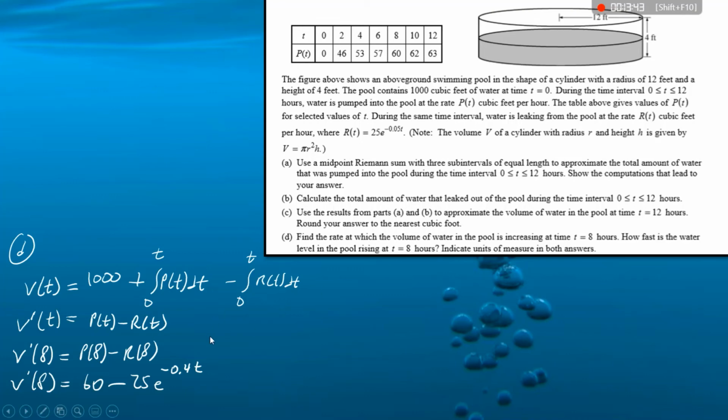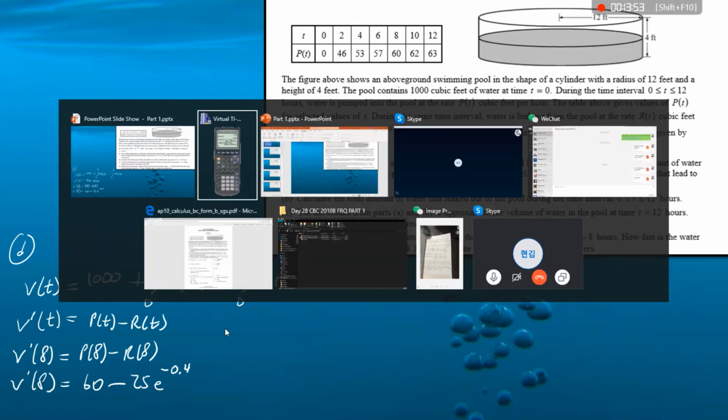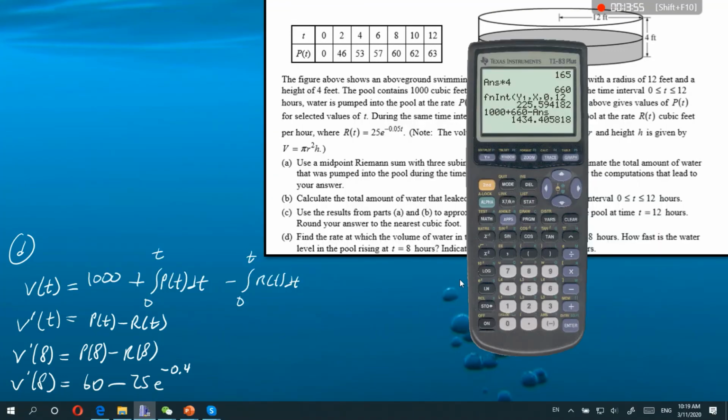Oh, we already multiplied. Yeah, we did. Okay, my bad. That's the answer, and the unit is cubic feet per hour.